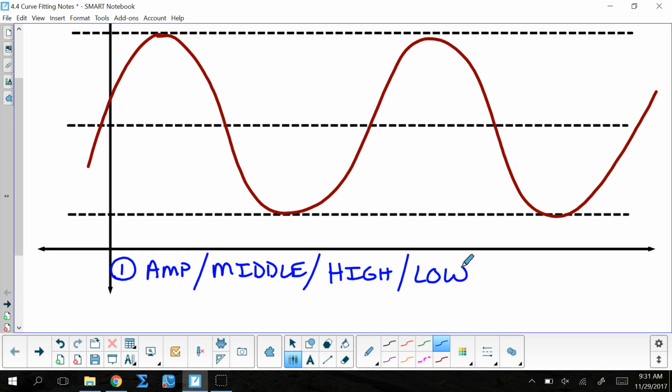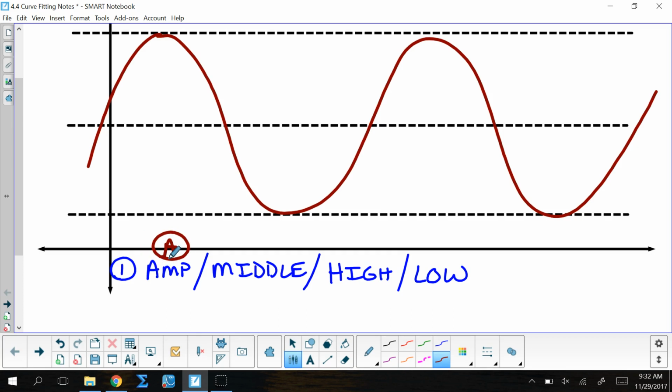Okay. So we're going to need to find the amplitude. We're going to need to find the amplitude because that's our what in our function? That's our a value in our function. Okay? So we definitely need to find the amplitude. And sometimes it might be given to us.